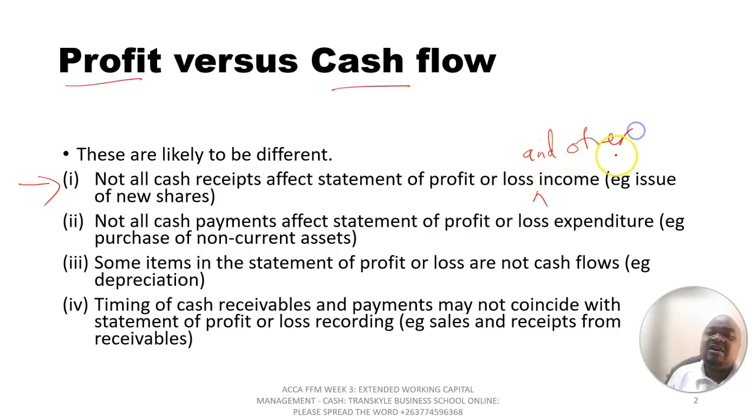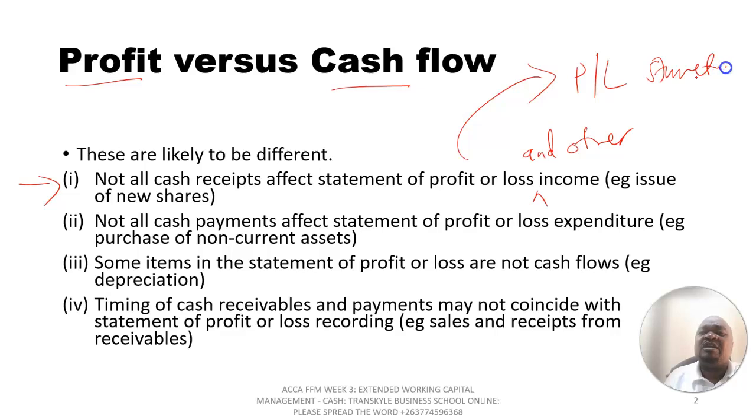This is the statement of comprehensive income, or let me just say the profit or loss statement, the P&L statement, where we calculate our profit, right? So we need to understand that not all cash receipts are going to enter into this particular statement. So this is why we also say that profit and cash are different things. They are 2 different things.